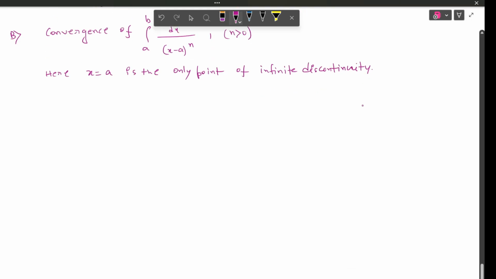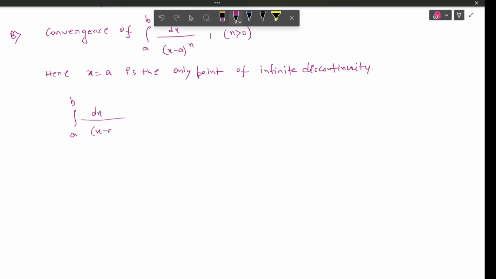Now let's solve this problem. Every time you don't have to solve it; I'm writing here the solution, at which point it will be convergent and at which point it will not be convergent. So this integration, the integral from a to b of dx by (x minus a) to the power n, will give minus 1 by (n minus 1) into (b minus a) to the power (n minus 1) when n is less than 1.